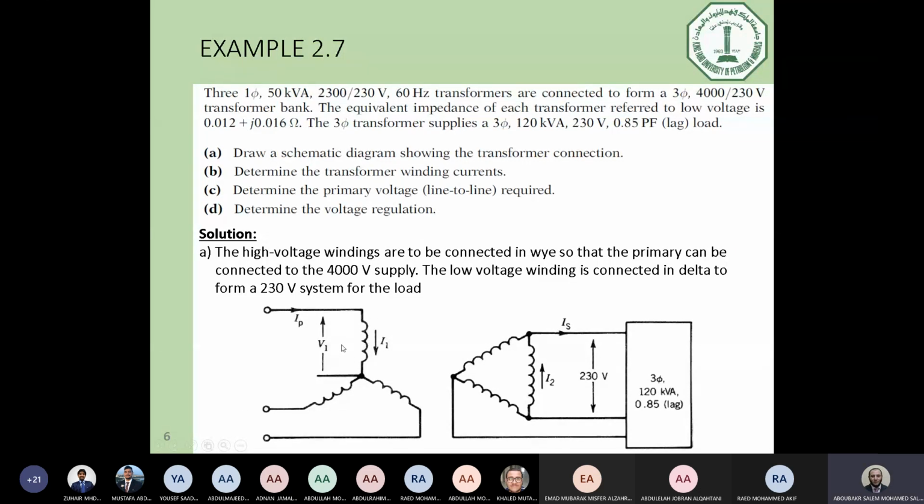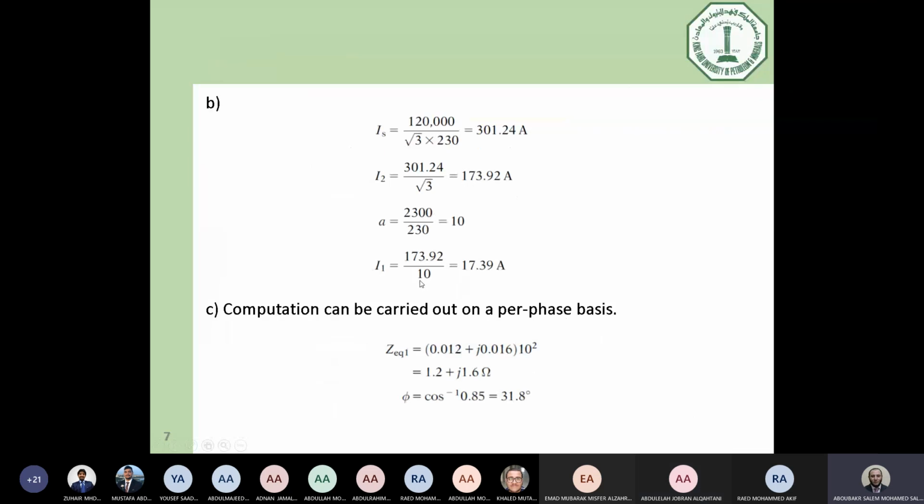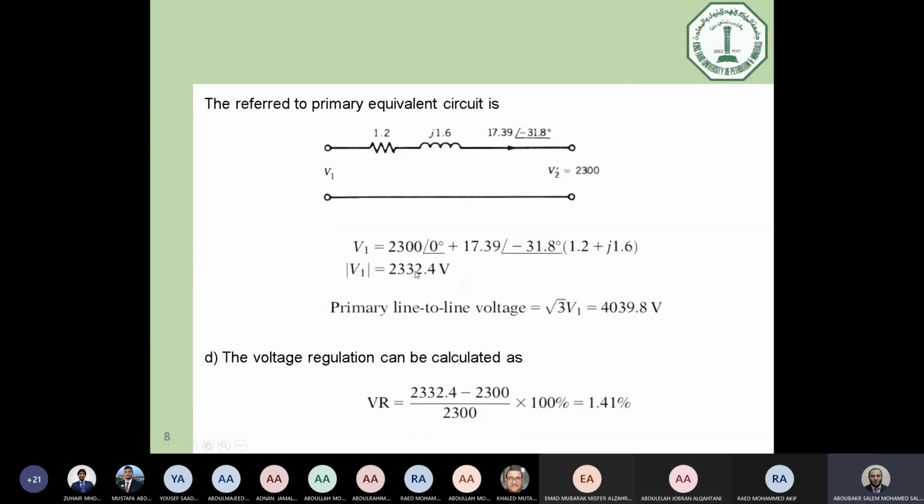Is it the same as the phase one? No, it should not be similar, because the line to line equals square root of 3 multiplied by the phase value. For that, we should multiply this value by square root of 3 to get the primary line to line voltage. So this is the value. This is logical, because in the beginning of the problem we said 4000 over 230 three-phase transformer, so it should be higher than the 4000. Okay, guys?